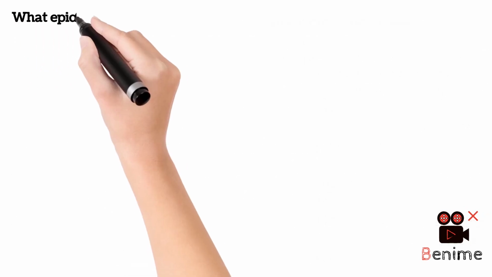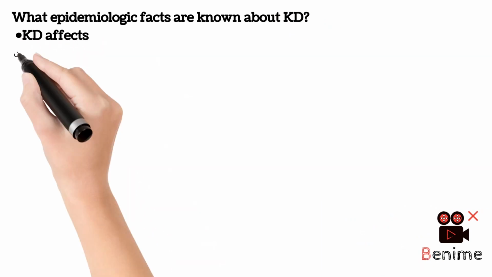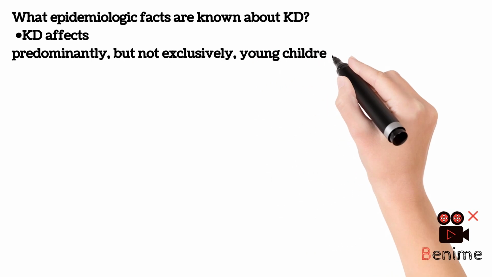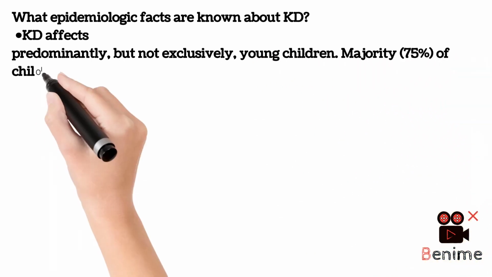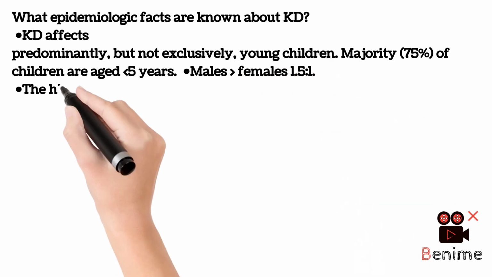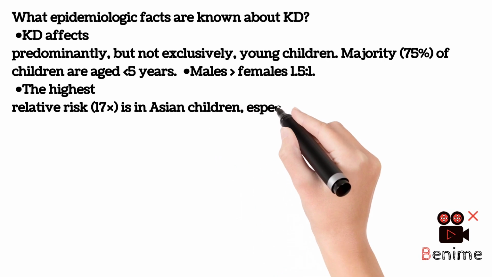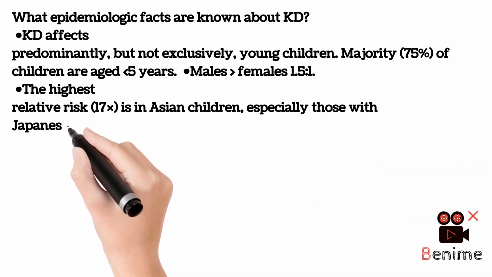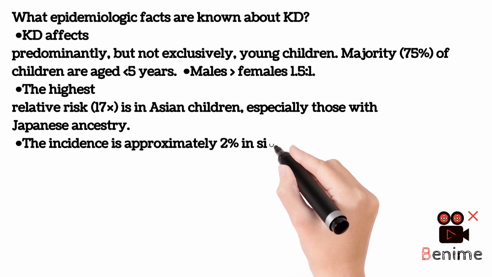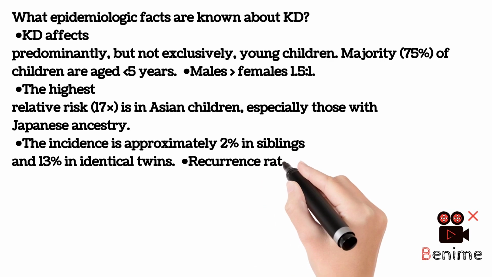What epidemiologic facts are known about KD? KD affects predominantly, but not exclusively, young children. The majority, 75%, of children are aged less than 5 years. Males are affected more than females, 1.5 to 1. The highest relative risk, 17 times, is in Asian children, especially those with Japanese ancestry. The incidence is approximately 2% in siblings and 13% in identical twins.